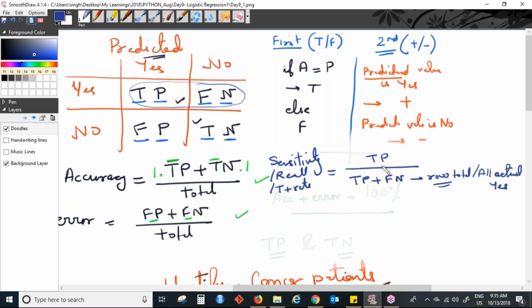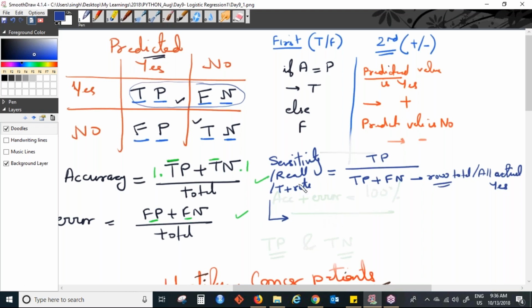What does the numerator mean now? So what does this measure then? If I ask you the interpretation of this, what does this measure? True positive is nothing but all the ones that you identified, because actually they were one and you also predicted a one.